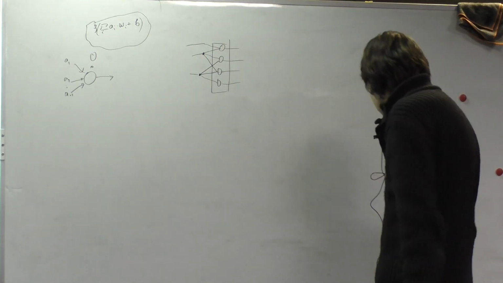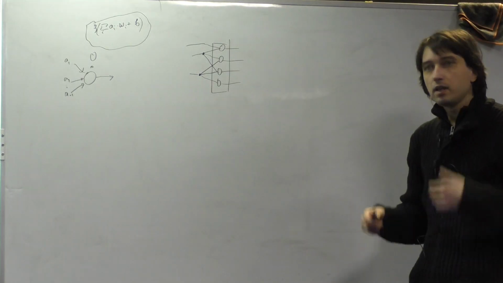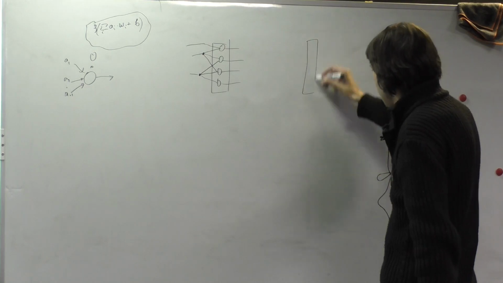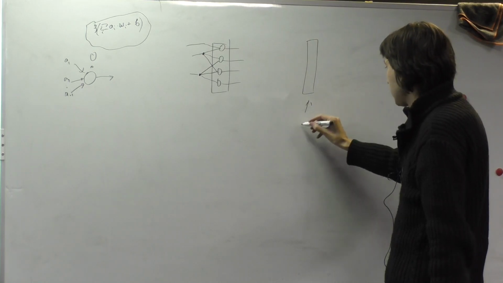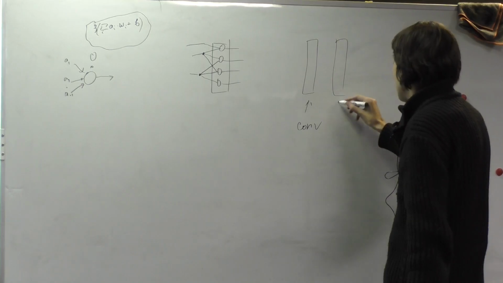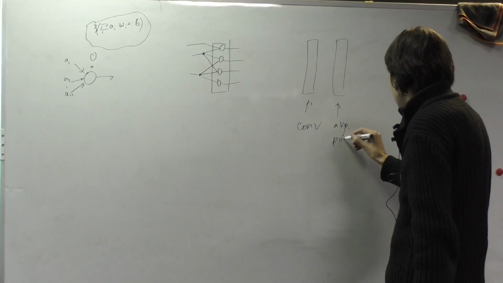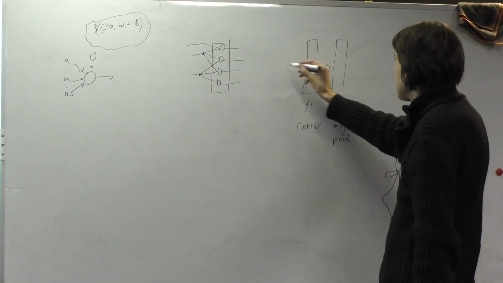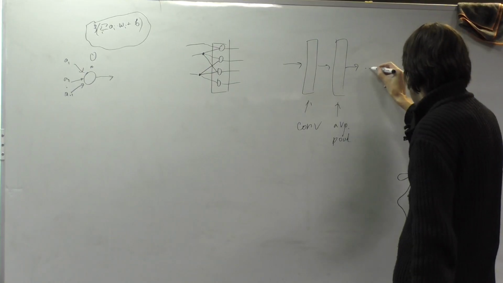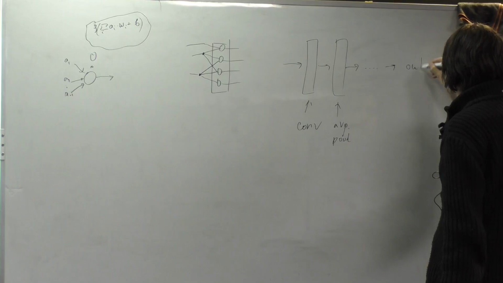Now the time came to take different layers and connect them into one architecture. We will take a separate layer and say this is a convolutional layer, and some different layer, call it an average pooling layer, and connect them so that information goes through these layers, and then we get some sort of output.